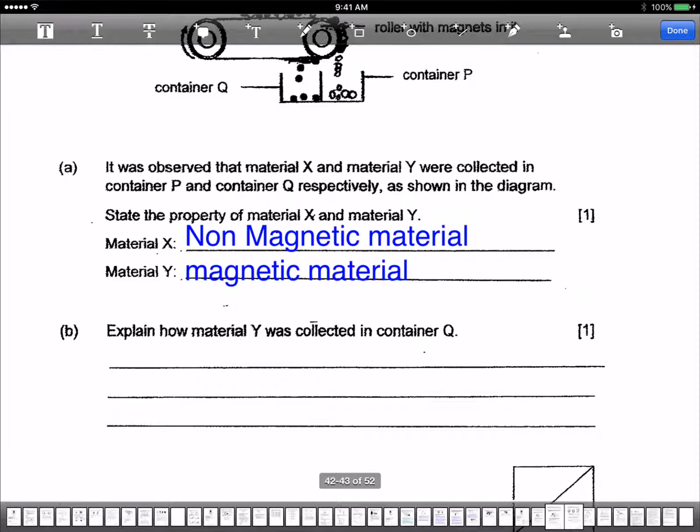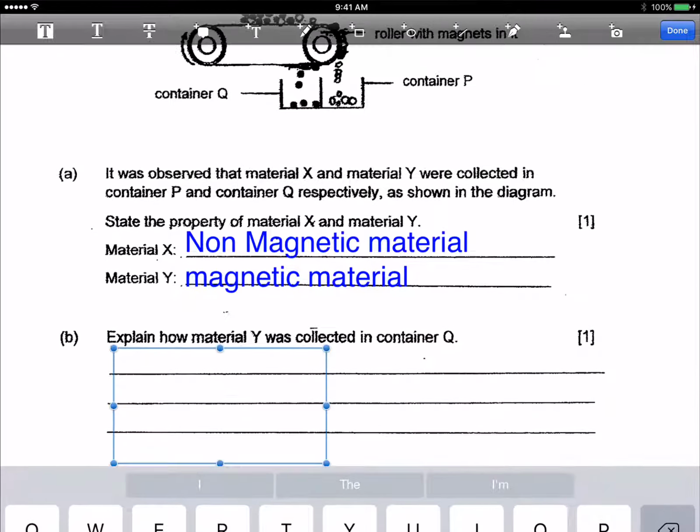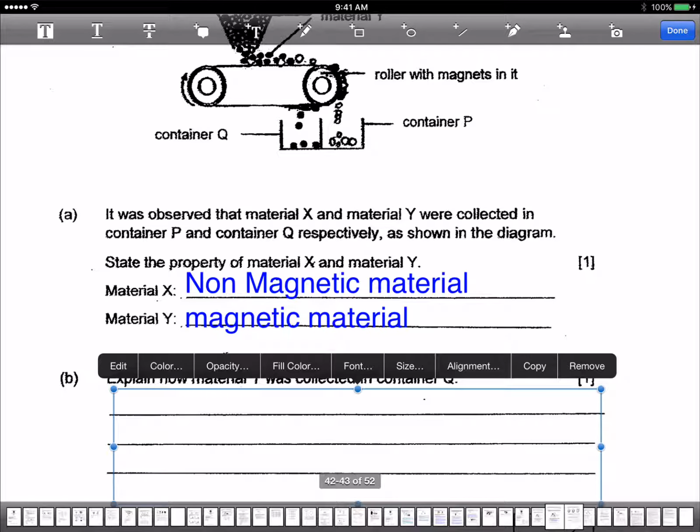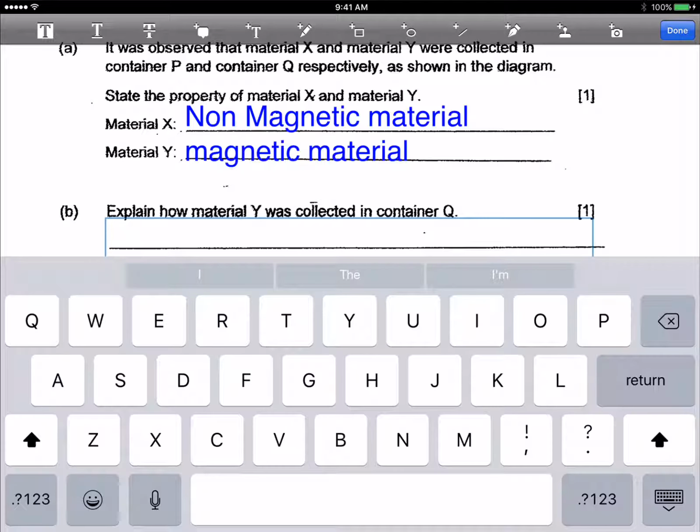Okay, so how was material Y collected in container Q? Can you help us with this? Material Y will be attracted by the roller with magnets.